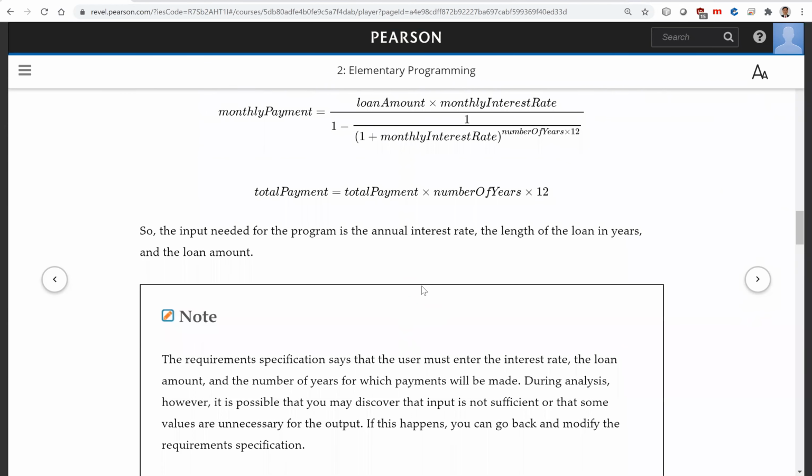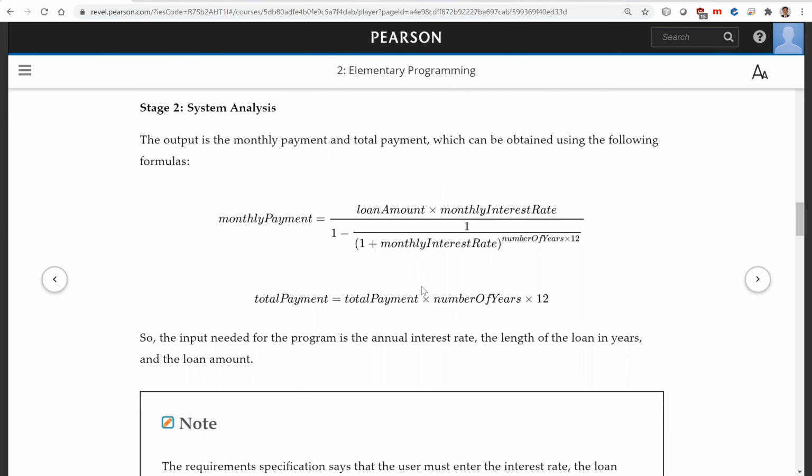Now look at this formula. You don't need to know how this formula is derived. In the real world, when you work with problems in many fields, in physics, chemistry, business, economics, finance, you don't need to know how the mathematics works behind the scenes.